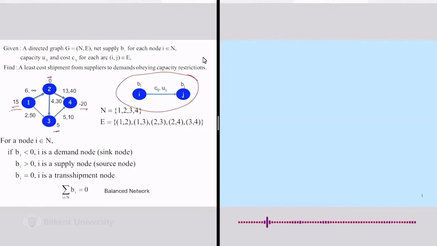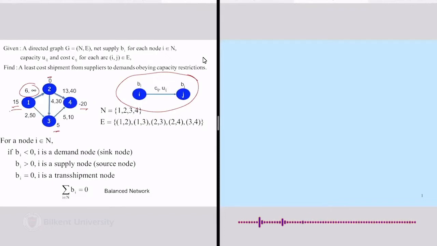So we may have capacities. If we don't, then it will be infinity. For example, in this network, now look at our arc 1, 2. Apparently, the cost of using that arc per unit is $6, kilometers, whatever the metric we're using, and there is no capacity.